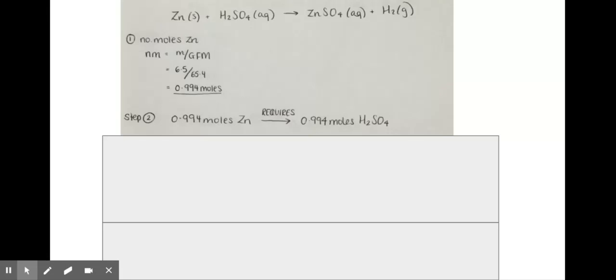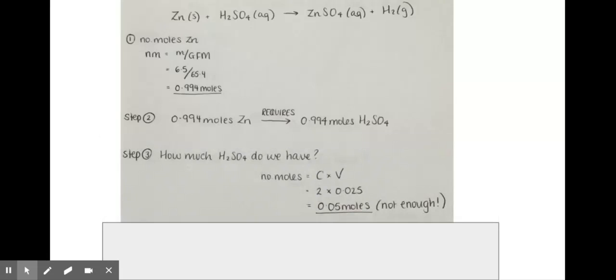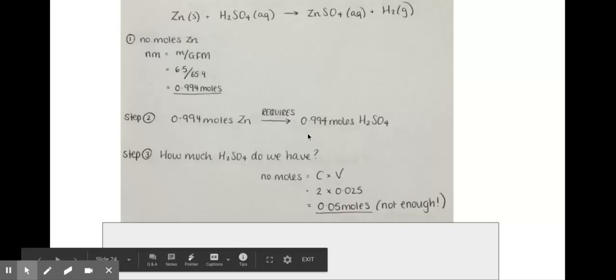Step 3, how much sulfuric acid have we actually got? We have concentration times volume, 2 times 0.025, which gives us 0.05 moles. Now that is not enough. We require 0.9 moles, we've only got 0.05. So that means, step 4, that zinc is in excess.